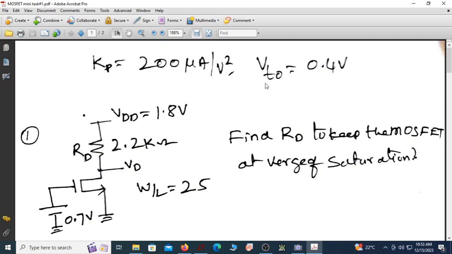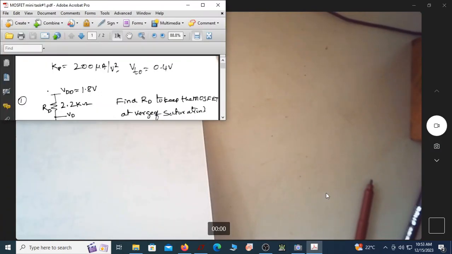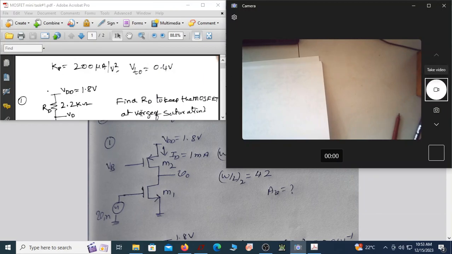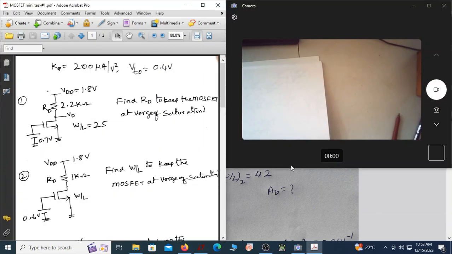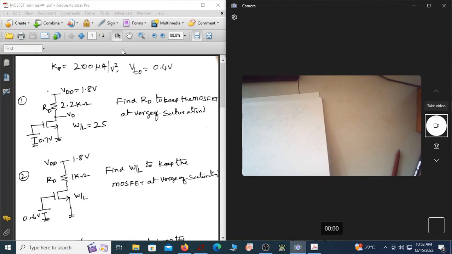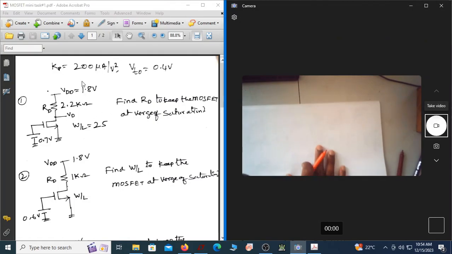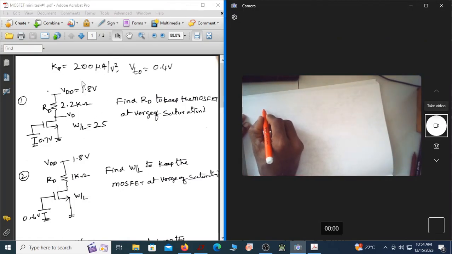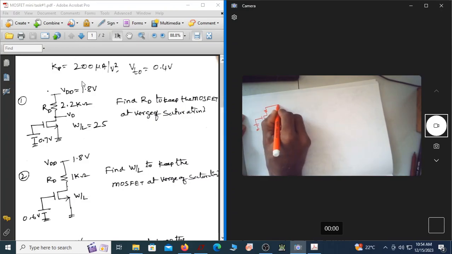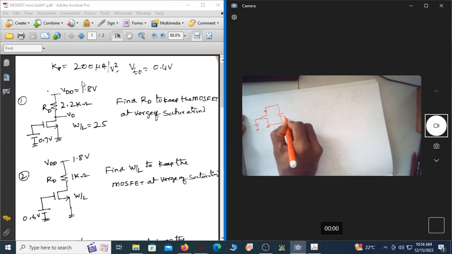So let us have all these parameters written there. As per this circuit, this is the circuit what I have. This is VDD, which is equal to 1.8 volt, and this is RD to be found.